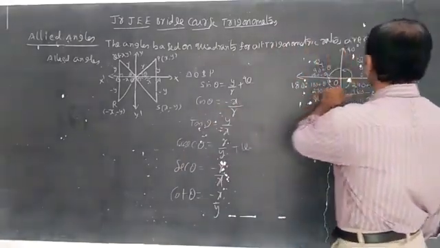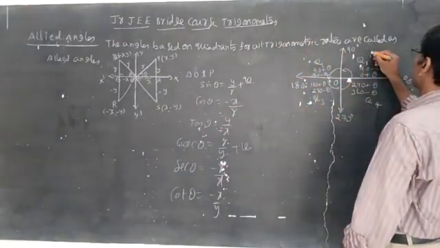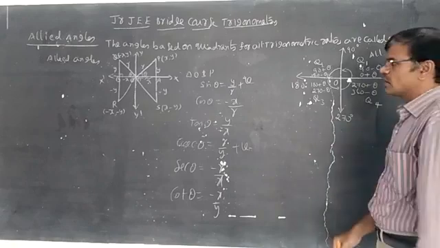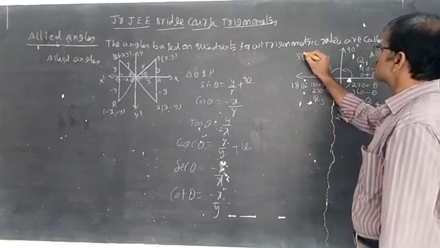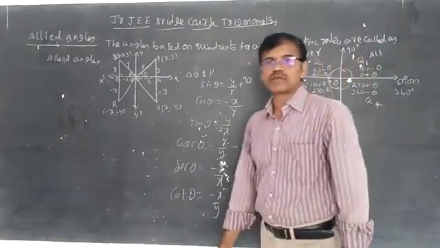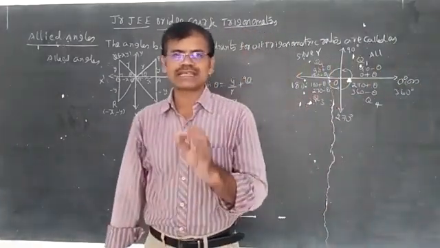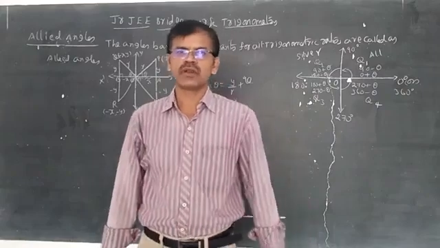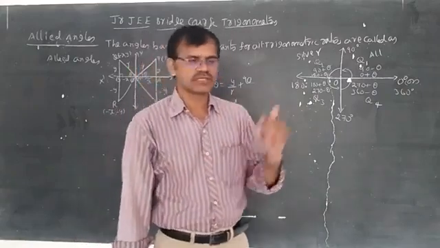So now we can decide here the shortcut they said: "All Silver Tea Cups." Silver means the trigonometric ratio which starts with the letter S and its reciprocal. S means the first letter, sin theta.